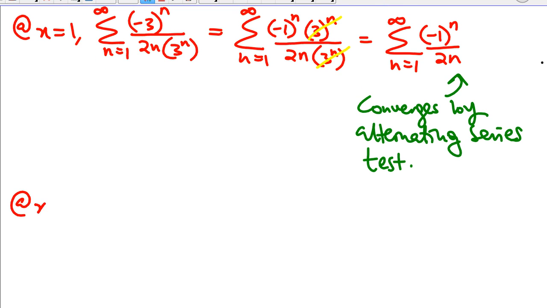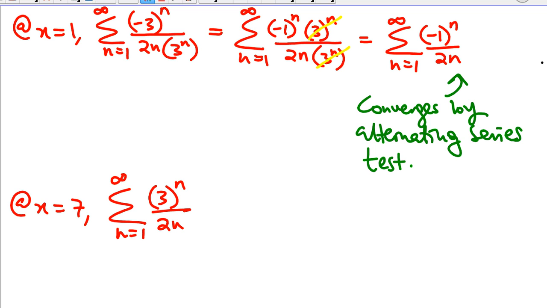So at x equals 7, our series will be, just plug 7 in place of x. Remember 7 minus 4 is 3. That's why I ended up with 3.